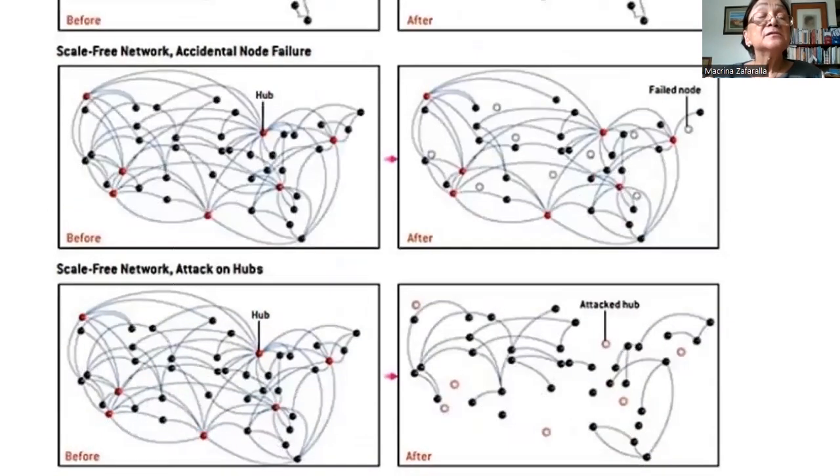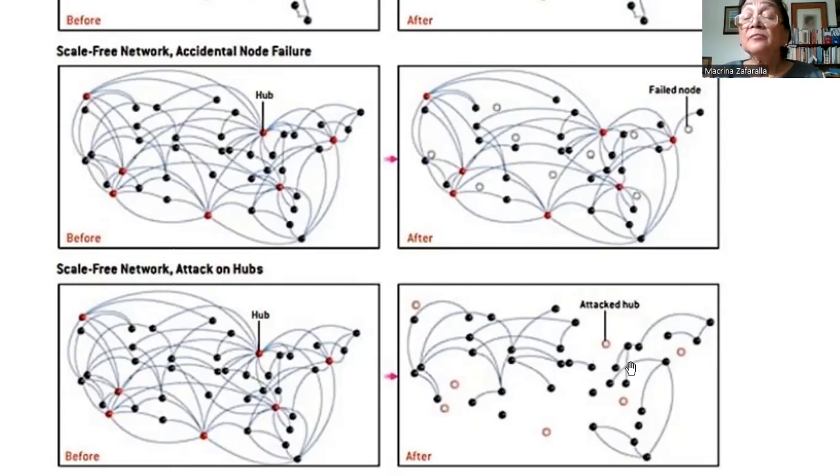In the third case, we have a scale-free network where the affected node is a hub. So here is the hub and it is attacked. So what happens to it? The attacked hub will lose its link to the former nodes that were attached to it. That would mean a great disruption because this hub has some things in it that are supporting nodes that are attached to it.